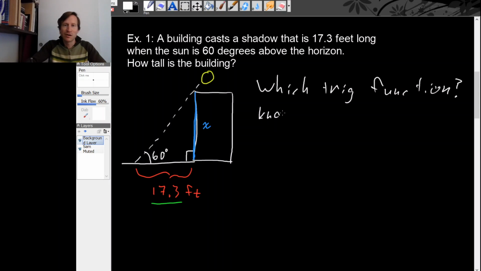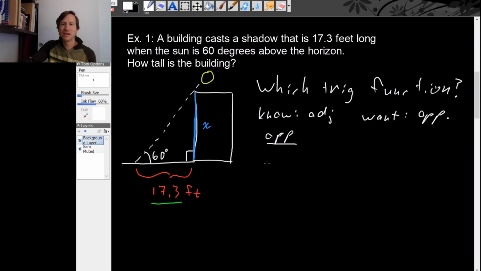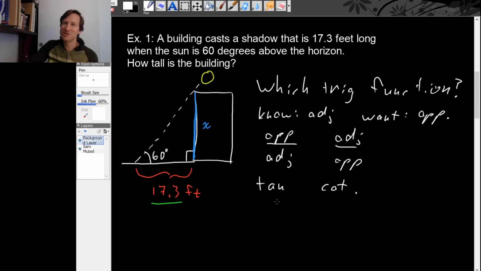So we know the adjacent side, and we want the side opposite. So we need to choose a trig function that relates the adjacent side and the opposite side. So that's either going to be opposite over adjacent, which would be tangent, or adjacent over opposite, which would be cotangent. As usual, we could use cotangent, but we'd rather use tangent just because it's one of the big three.